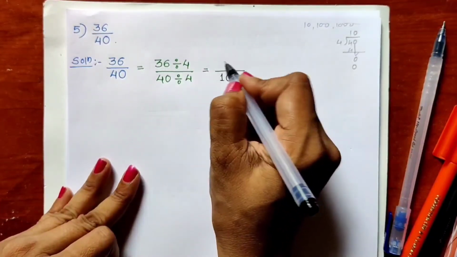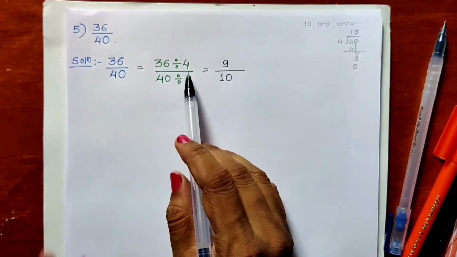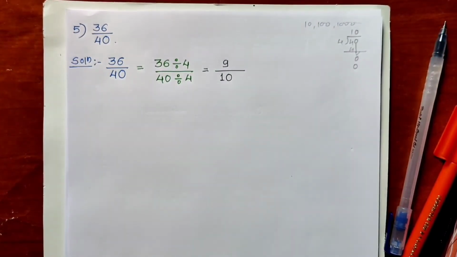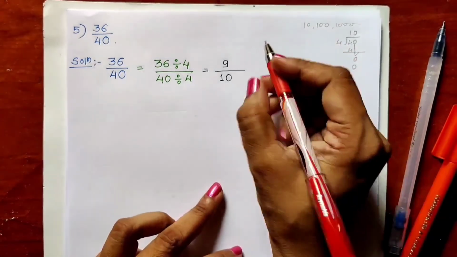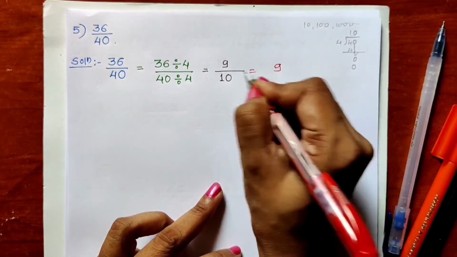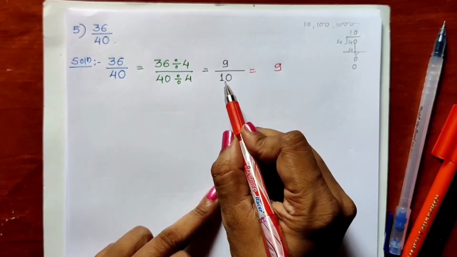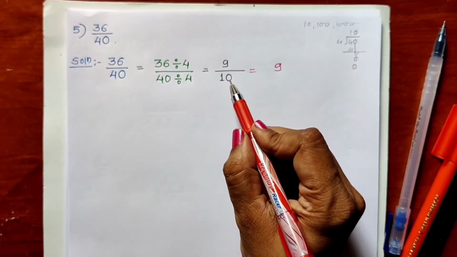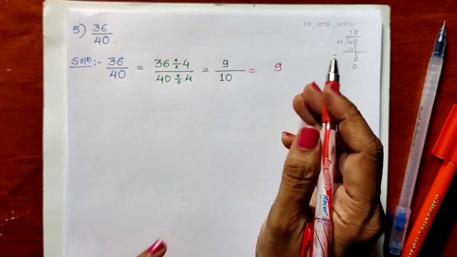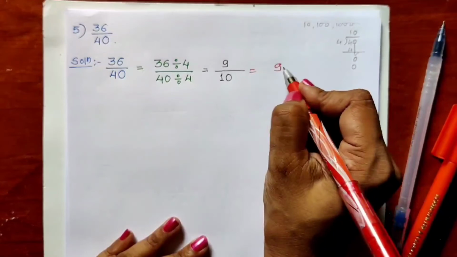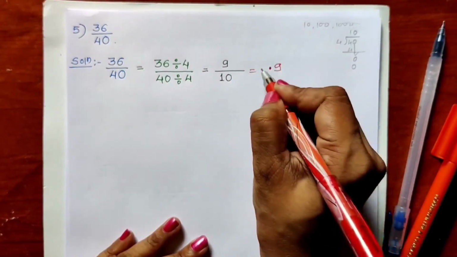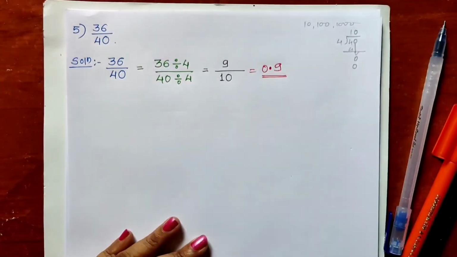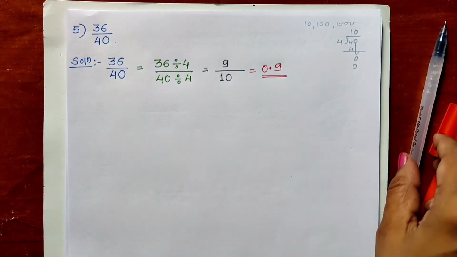And 36 divided by 4 is 9. 4 nines are 36. So answer is 9. Now 9 upon 10 convert into decimal fraction. How to convert? Write 9 as it is, the numerator as it is. Now in the denominator 10 is there. In 10, 1 0 is there. So the decimal point should be kept before one digit from the right to left. So one digit, put the decimal point. Nothing is there on the left hand side, put 0. So answer is 0.9.